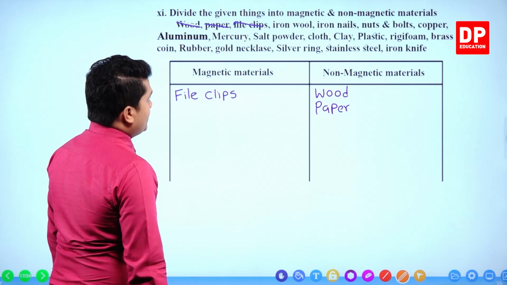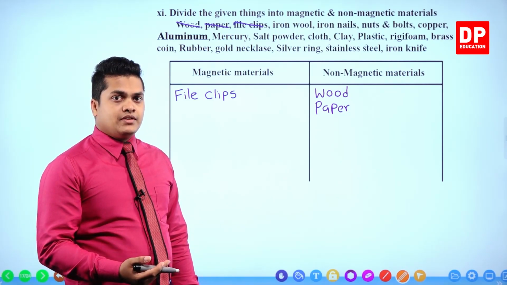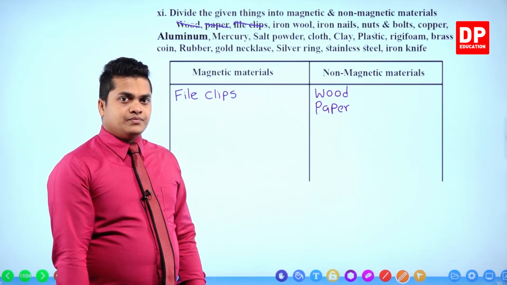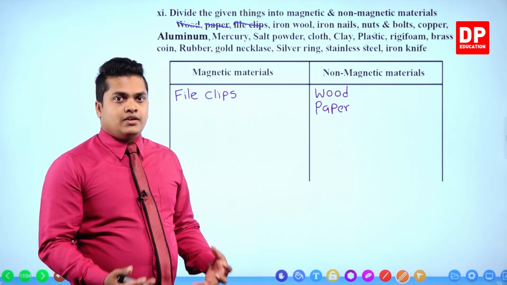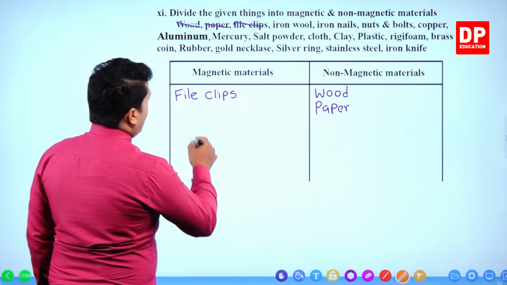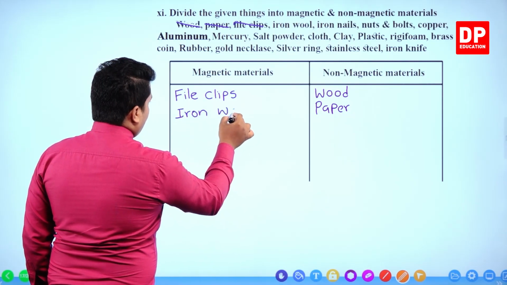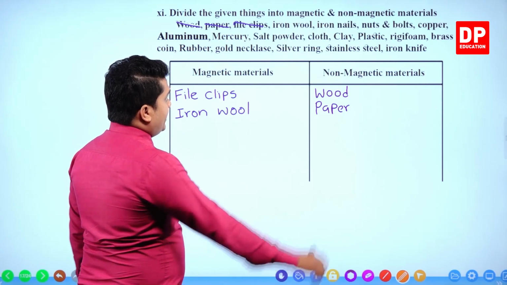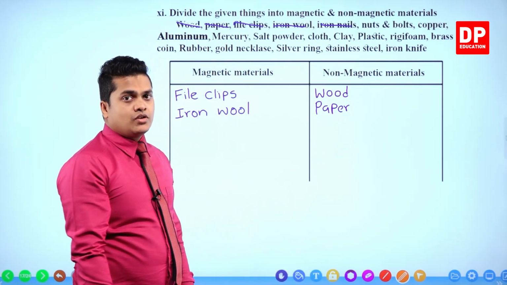Next one, iron wool. So iron wool is also made up with iron. So iron is a type of magnetic material. So obviously iron wool is also magnetic. Then the next one is iron nails. So anything made up with iron is also magnetic.